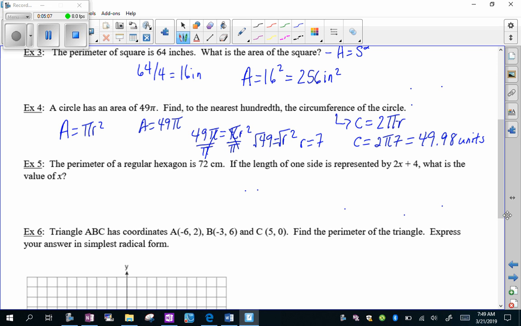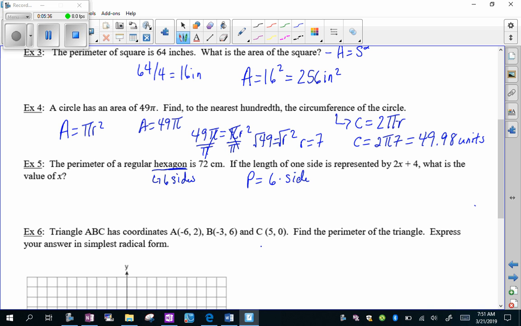Example 5. The perimeter of a regular hexagon. Well, immediately, 6 sides. Is 72 centimeters. If the length of one side is represented by 2x plus 4, what is the value of x? So what I'm going to do here is I know that the perimeter equals 6 times a side, and I have one side.